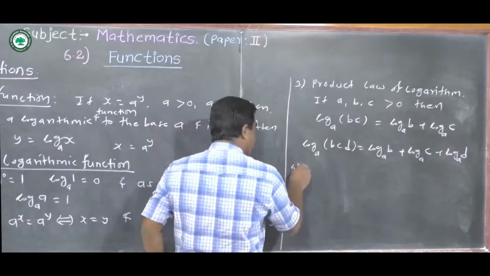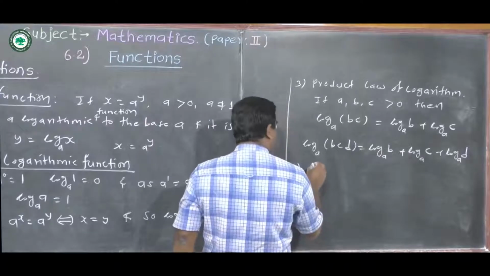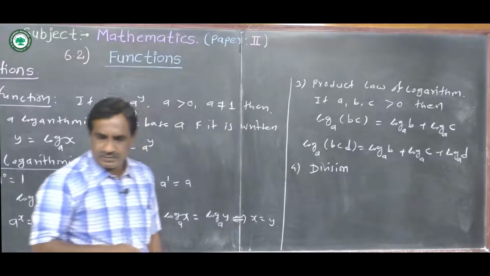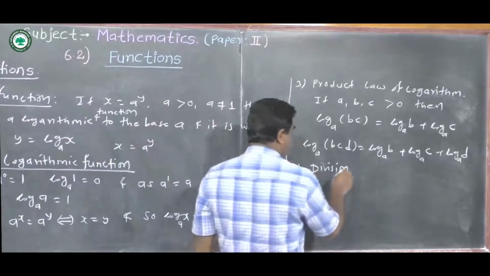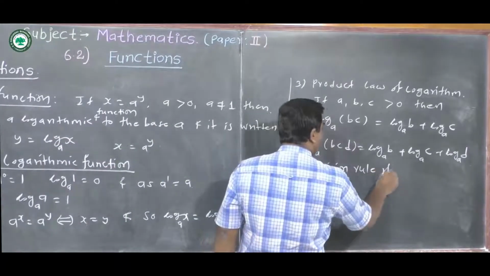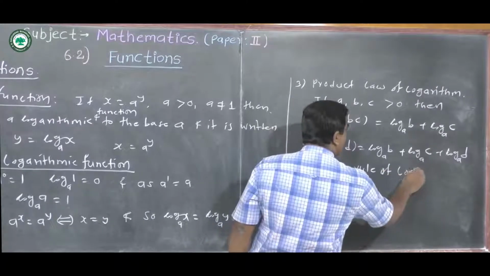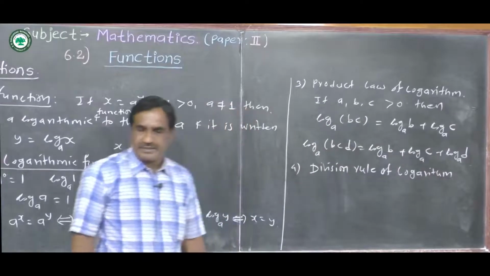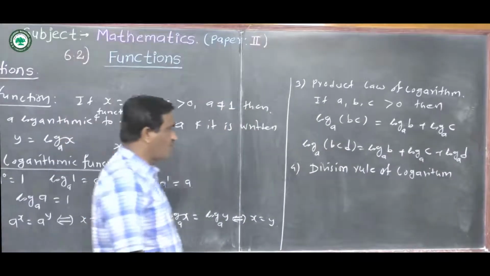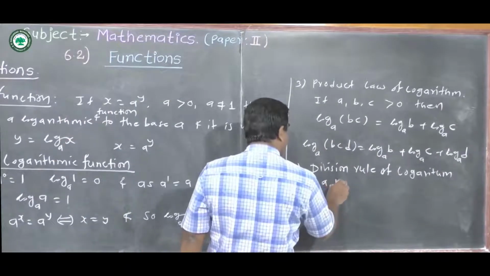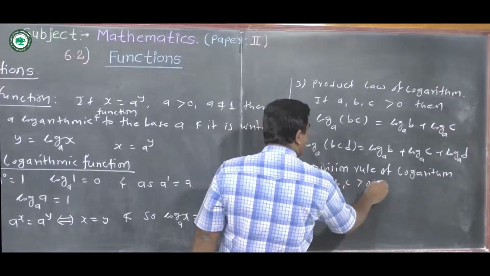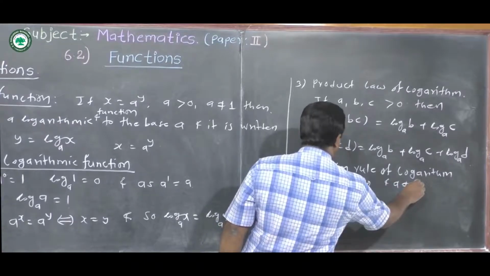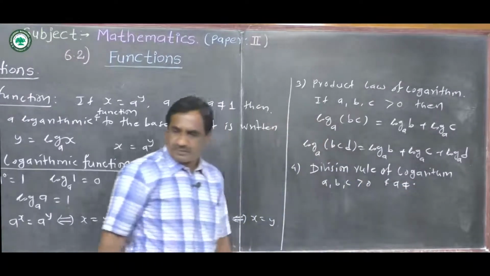Number 4th, the quotient law or division rule of logarithm. Here also we can consider any three numbers a, b, c greater than 0, and a is not equal to 1.